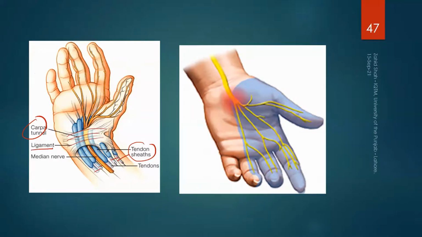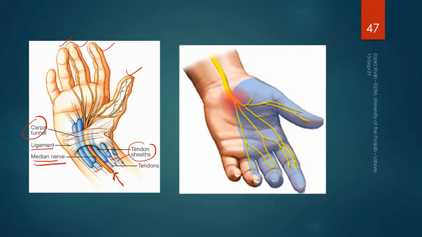And what is not shown in this figure are the carpal bones. You will see them in the next slide. Right in the middle of these tendons and ligaments and the carpal bones passes the median nerve. This is the median nerve. And you could see that it further branches out into the thumb and two fingers and half of the fourth finger.